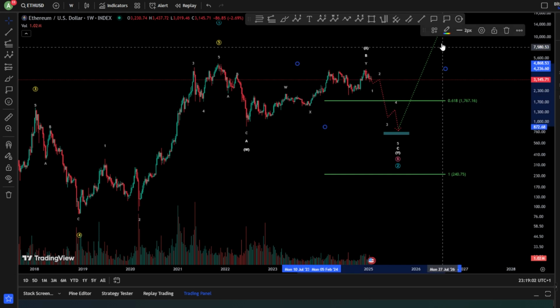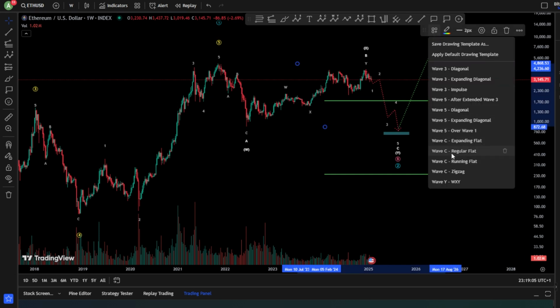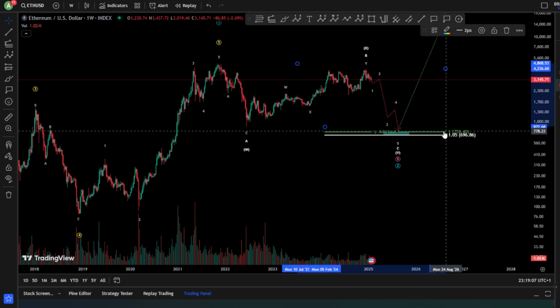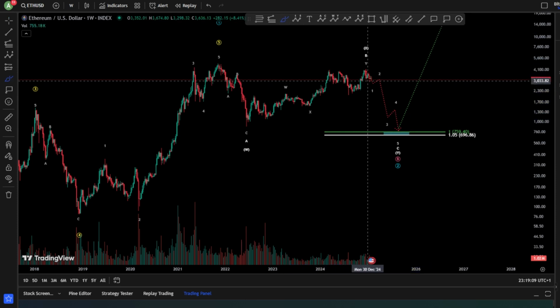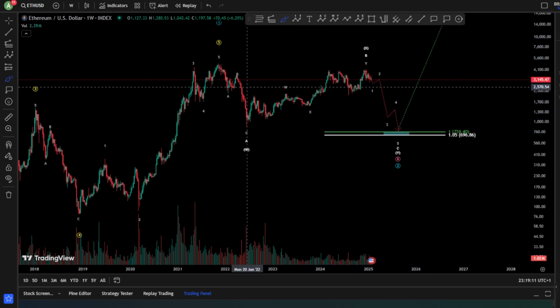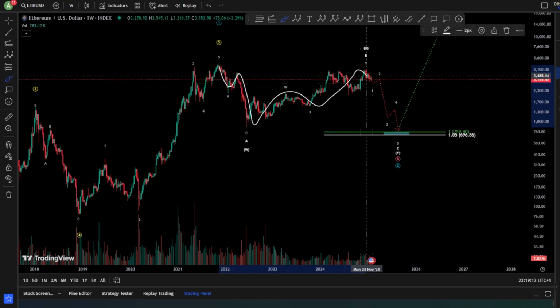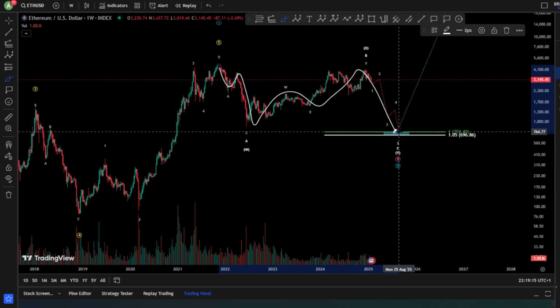Because if we get the regular flat here, it will not be really nice. I know it is a very clear target in case we are 3 waves down, 3 waves up, and 5 waves down.